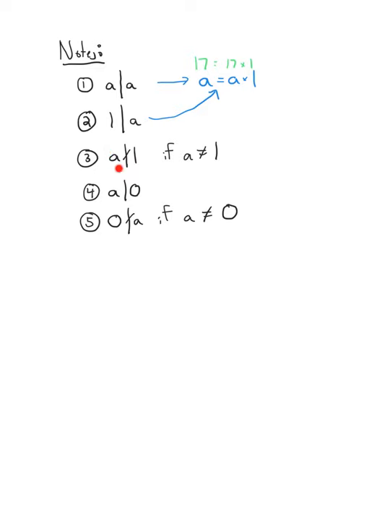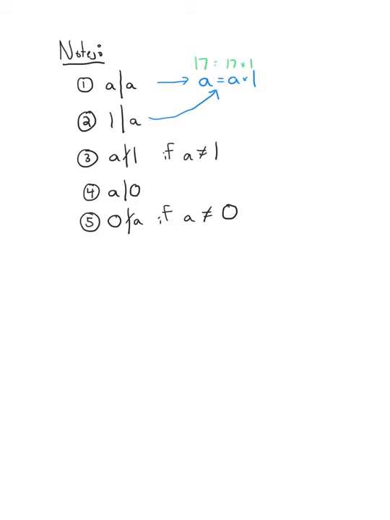So no whole number besides 1 is a factor. So if A doesn't equal 1, if it's some other whole number, then it's not a factor. That's what this symbol here means, not a factor of 1. So we dealt with the special case of 1 in some sense. 1 is a factor of everything. Nothing but itself is a factor of 1.